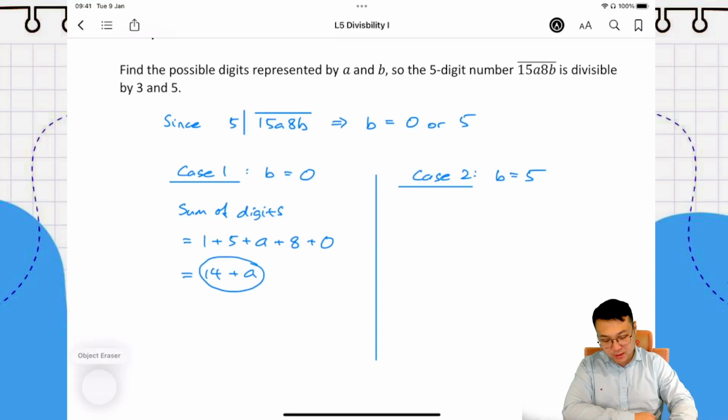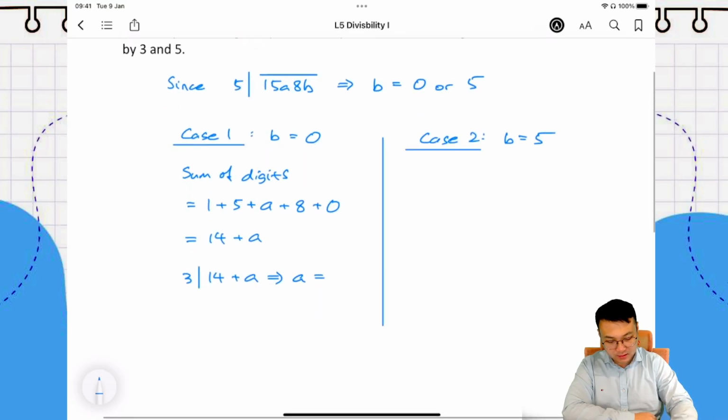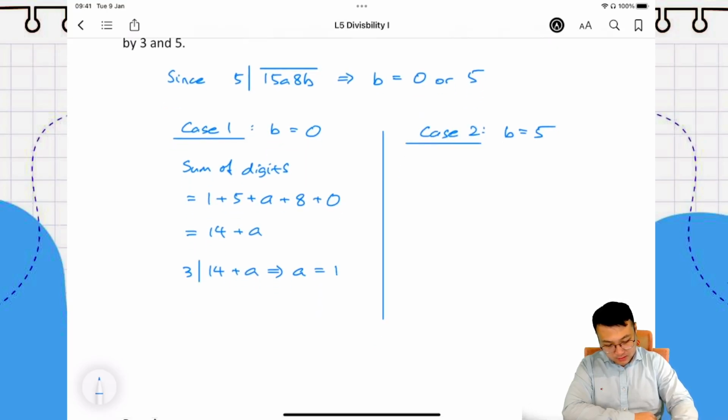If I want to make sure that this is divisible by 3, you must make sure that 3 divides 14 plus A. Therefore, what is the value of A? It could be 1. It could be 7. You missed something.